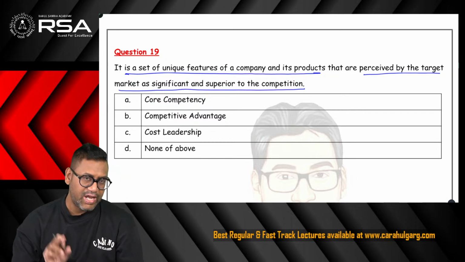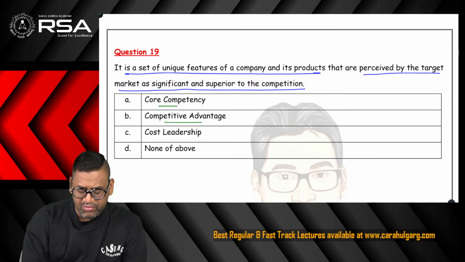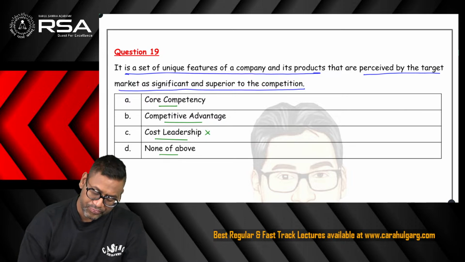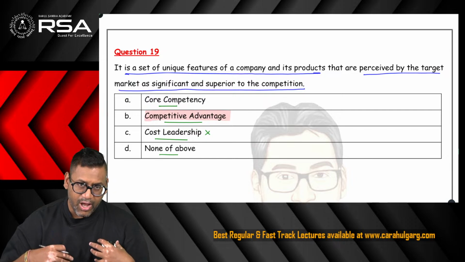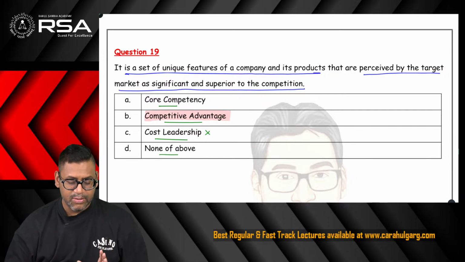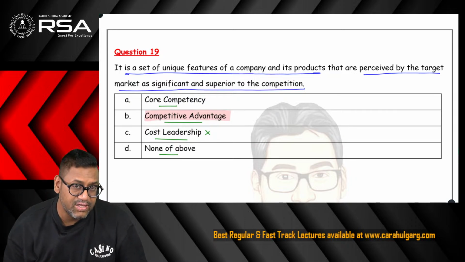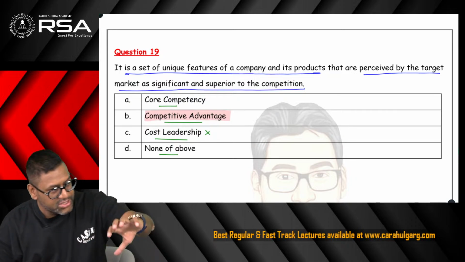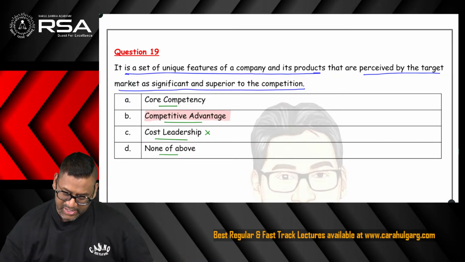So what is that phenomenon called? Is it called core competency or competitive advantage or cost leadership or none of the above? Obviously this is the wrong option. The correct option out of all is competitive advantage. When out of five, one firm is perceived by the target market as superior, it means you have an advantage which the other competitors do not have. That means competitive advantage.